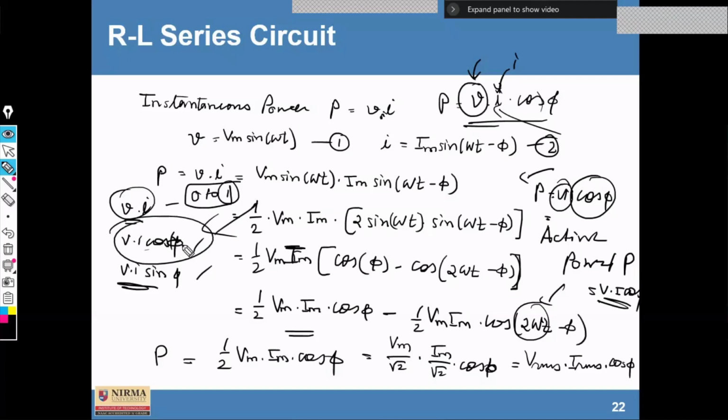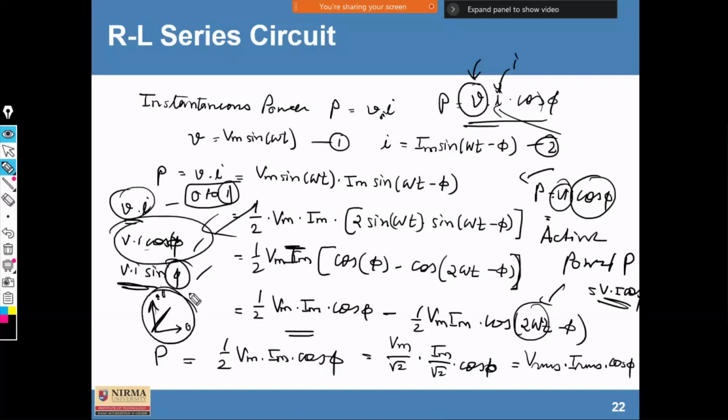In an RL circuit the phase angle varies between 0 and 90 degrees, and hence the power factor also varies between 0 and 1 only.